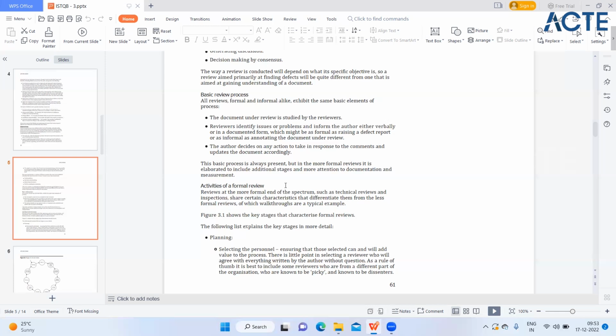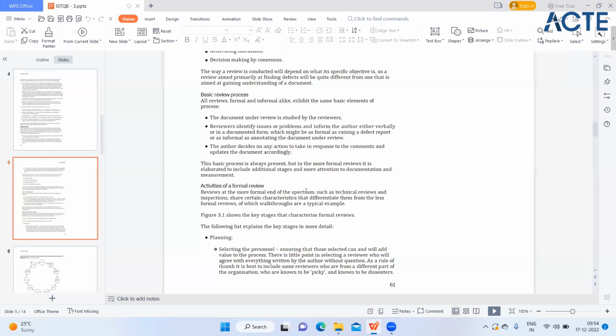Okay. Now, the author decides on any action to take in response to the comments and updates the document accordingly. So it is the responsibility of the author to take the decision. Whenever you get this kind of question, you always have to choose the answer as author.